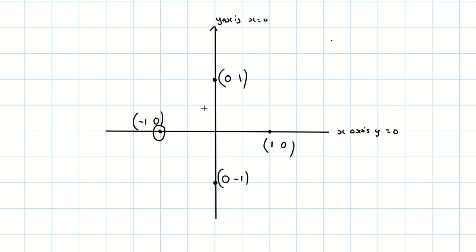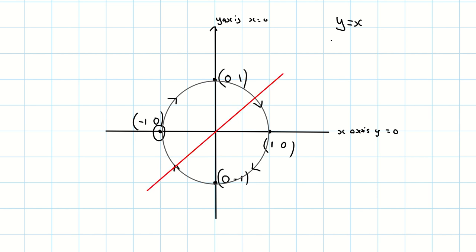Then the next thing you have to remember is that it goes in this direction. Let's start with y equals x. The equation of the line for y equals x is a line that looks like this.